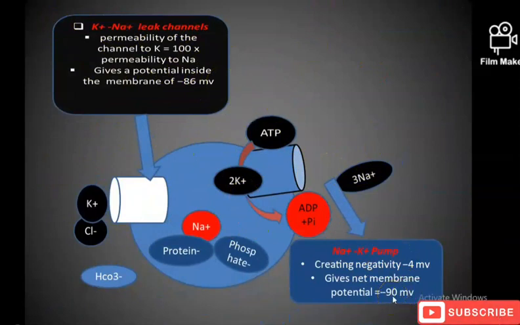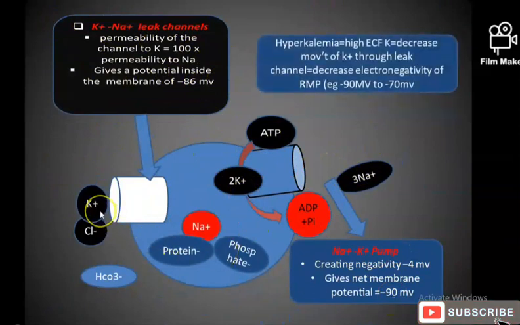So this minus 90 millivolts is the resting membrane potential of large nerve fibers. The other very important concept is how hyperkalemia affects this resting membrane potential. In hyperkalemia, there is a high concentration of potassium in the extracellular fluid.